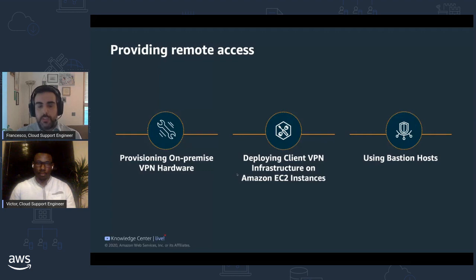If you look a bit at what people used to do before, even before AWS, you normally would have either on-premise VPN hardware. This might be your firewall, or might be your router that your company uses to access the internet, and people will use that, either through licensing or additional modules, to provide that access to the employees.